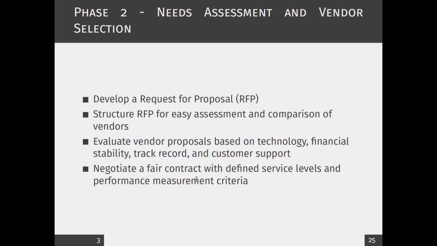Remember, that should be done by negotiating with the team. So there will be two teams from the organization side, and another team from the vendor side. They frequently meet and discuss how this is to be done, right? And then you have to define different service levels, and also define the performance measurement criteria, like how do you define these, right?